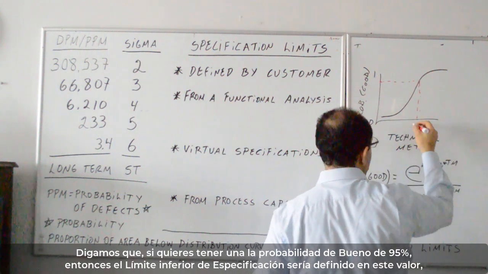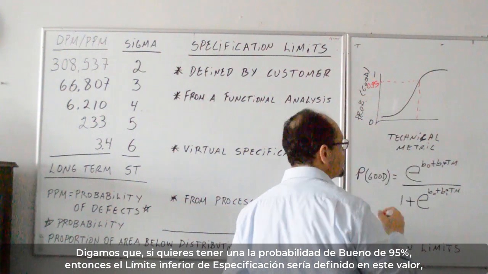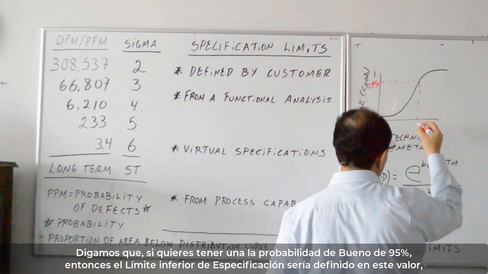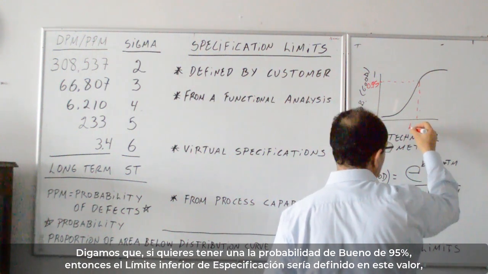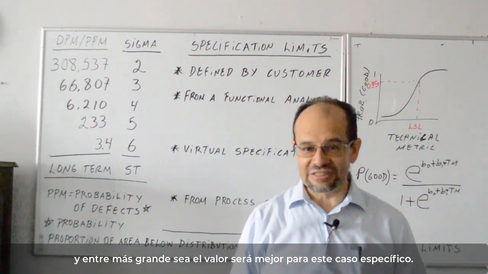In most cases, let me say the probability of good is 95%, or whatever percentage you want, and for that 95% probability of good you will determine your lower specification limit, and greater is better for this specific example.